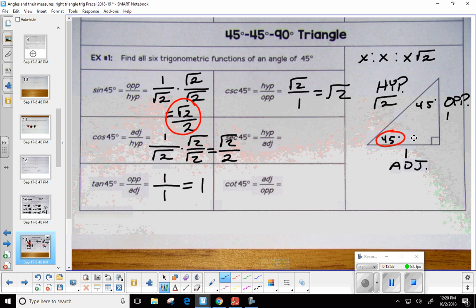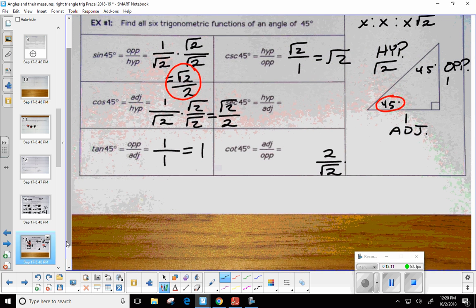Because sine and cosecant are reciprocals, right? So if I take square root of 2 over 2, and I just take the reciprocal, 2 over the square root of 2. Well, let's rationalize it, and what should be happening? What should I be getting? Should be getting square root of 2. Well, let's see if that's what happens.